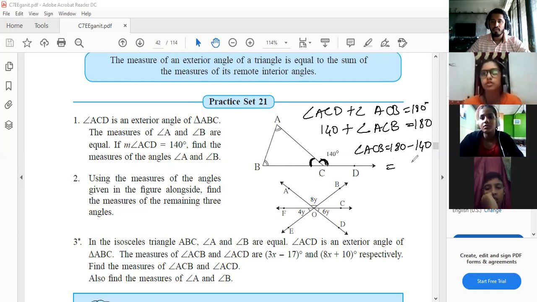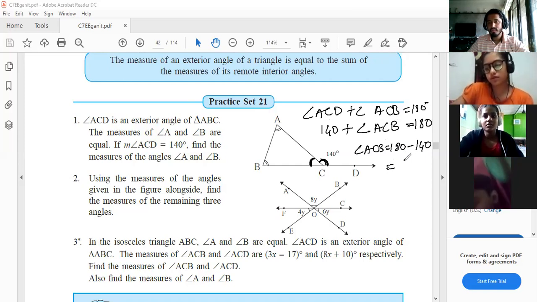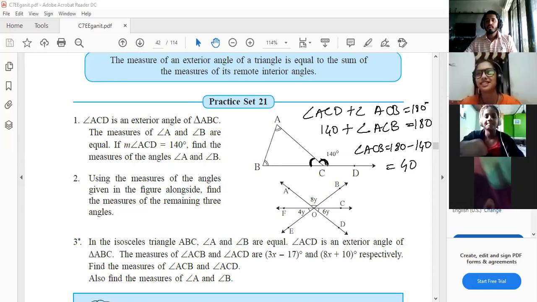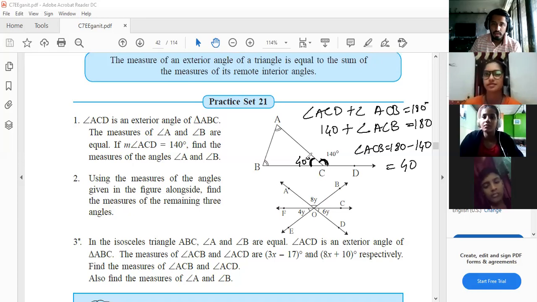How much is 180 minus 140? So easy. Why do you want to use the pen? 40 degrees. Dhanashri, you have to calculate and do it. Without calculation, you cannot do it. Okay, 40 degrees. So we got this angle: 40 degrees. Got it? Understood? Clear? Now this angle is 40 degrees.